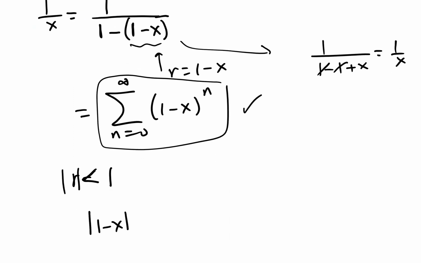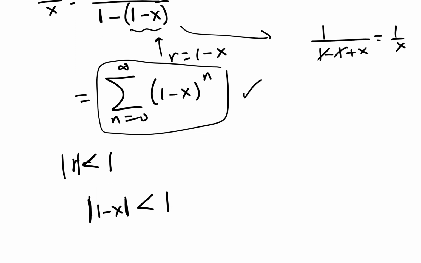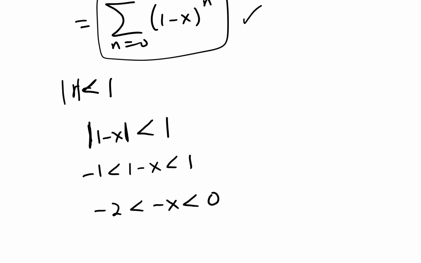So the absolute value of 1 minus x is less than 1. How do we solve things like this? 1 minus x less than 1, bigger than negative 1. Subtract 1. Multiply by negative. So that will make it 0 less than x less than 2. So the interval is 0 to 2.